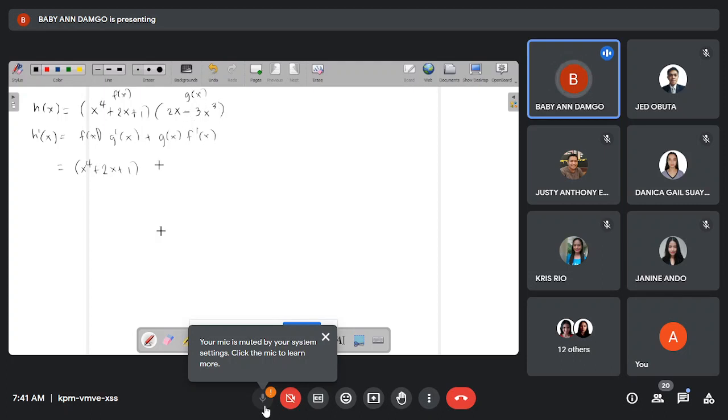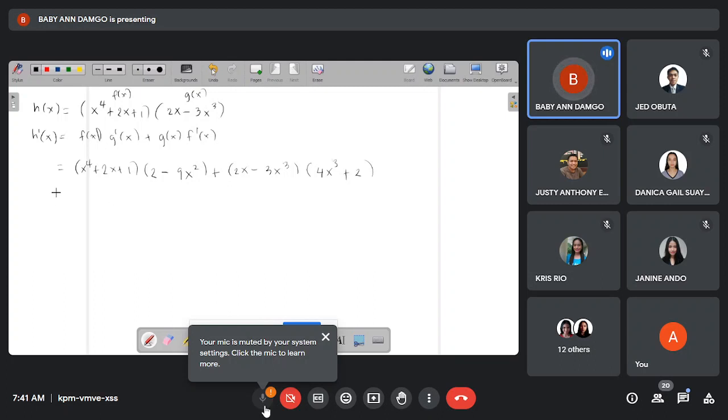So this is 2 minus 9x squared. So plus your g of x, which is 2x minus 3x cubed. Okay? So next, we need to find the derivative of f of x, which is 4x cubed plus 2.